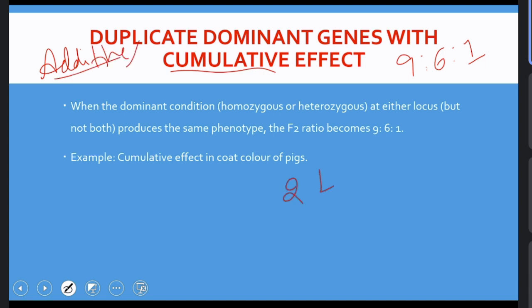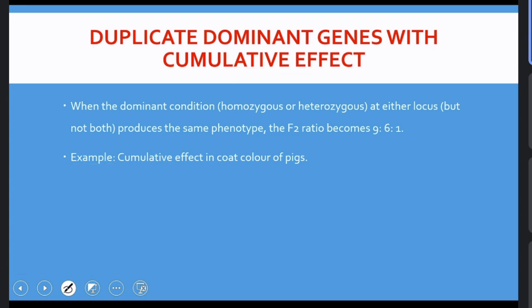There is 2, 4, 6. So when there is cumulative, what we say is we add all these. 2 plus 4, 6. And when 6 is added, 6 plus 6, 12. And so on. So 2, 4, 6, 12. Likewise, it is added in a cumulative manner.